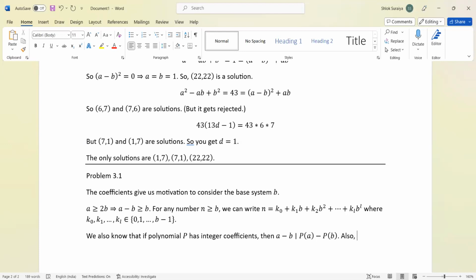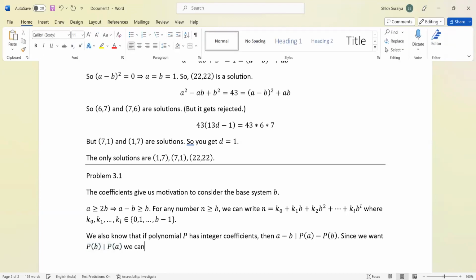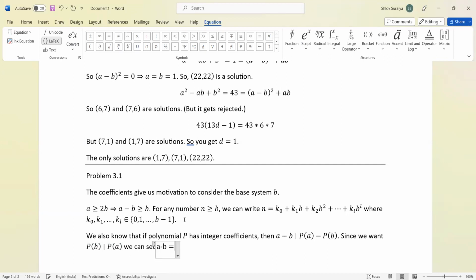Since we want P of b to divide P of a, we can set a minus b to be P of b, right?